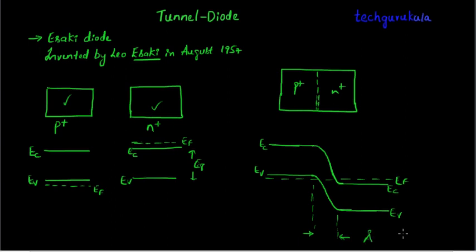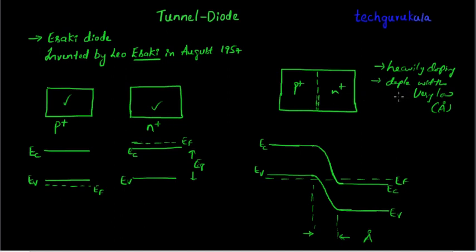An angstrom is 10 to the power minus 10 meters. There are two things to note here: one is heavy doping, and the other is the depletion width being very small, in terms of angstroms. These are two very important points we'll use to refer to the tunnel diode.